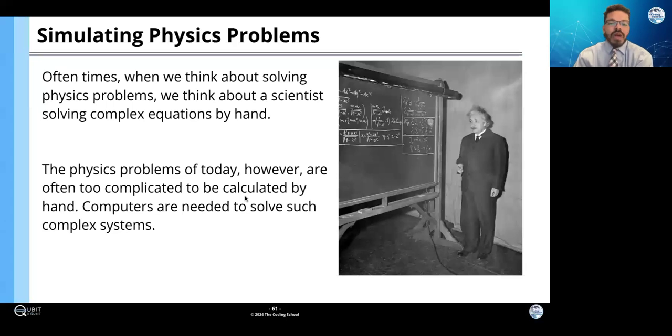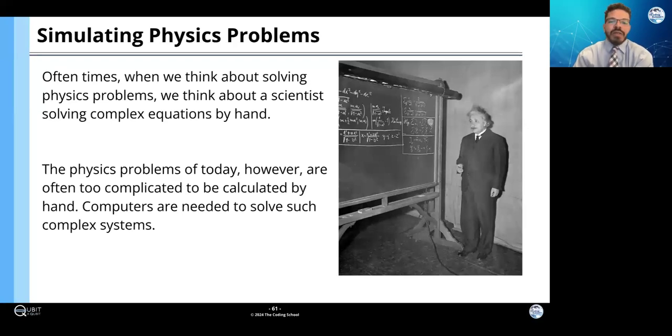The physics problems of the day are often too complicated to be calculated by hand. There's a joke that a physicist is going to simulate a chicken. He's going to write down an equation for a chicken, right? And he says, all right, first we're going to consider just a spherical chicken in a vacuum, because the equations for an actual chicken are too complicated.